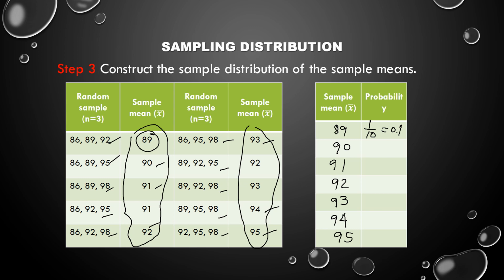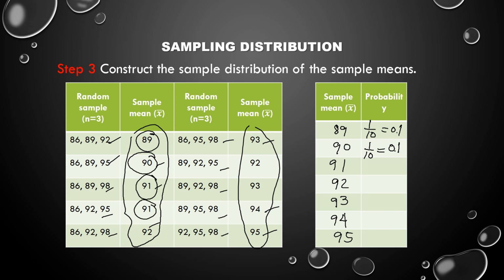Next one, we go for 90. We count how many have 90 as a sample mean. We only have 1. So again, this is 1 out of 10 possible combinations, which is equivalent to 0.1. Next, we go for 91. We count how many have 91. We have 1, 2.